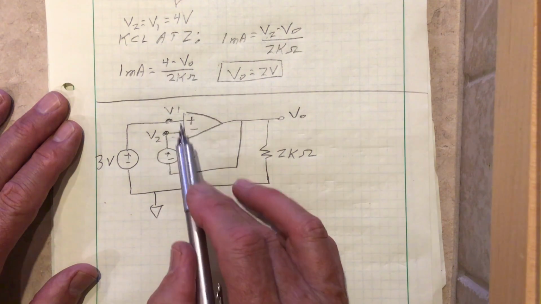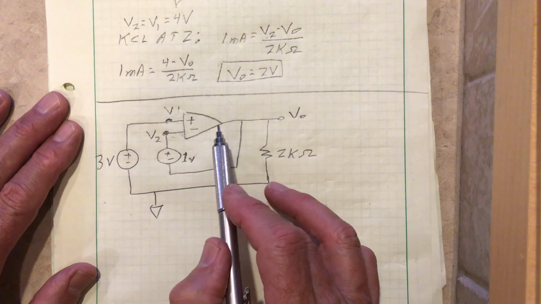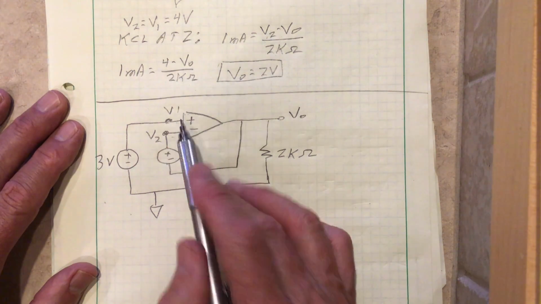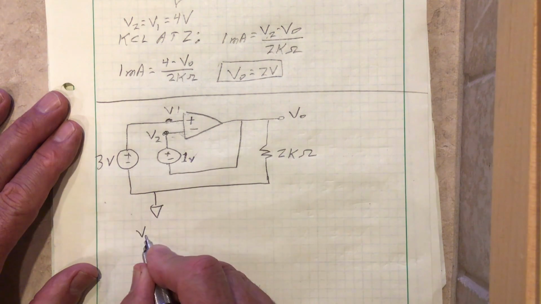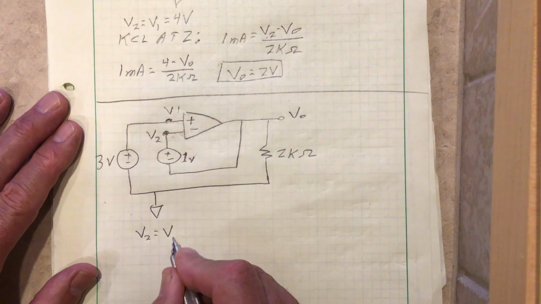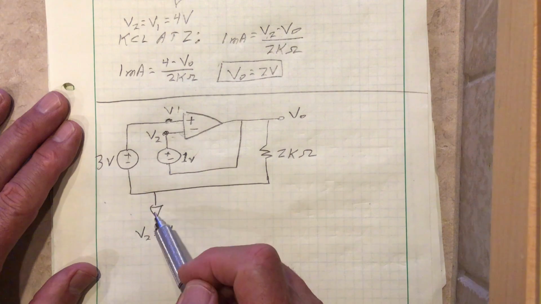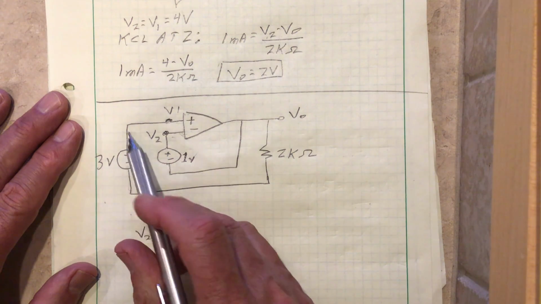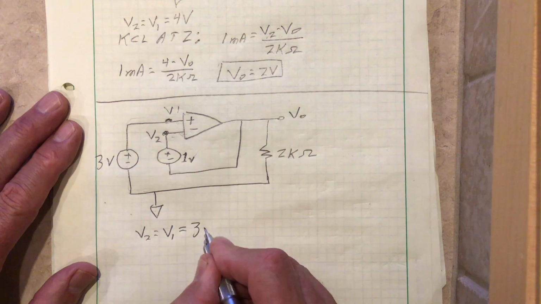There's no difference in voltage between these two, because if there were, the output would go as far as it needed to make that be the case. So we know that V2 is equal to V1. Now V1 we know because it's hooked up to a power supply to ground, so we have ground. We're going up 3 volts. So V2 is V1, which is also 3 volts.